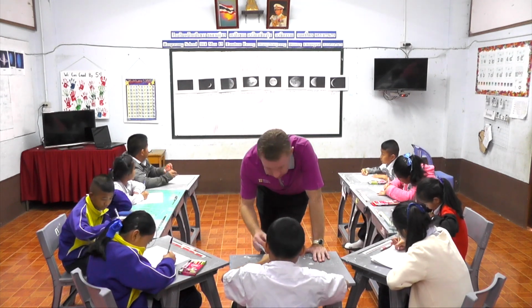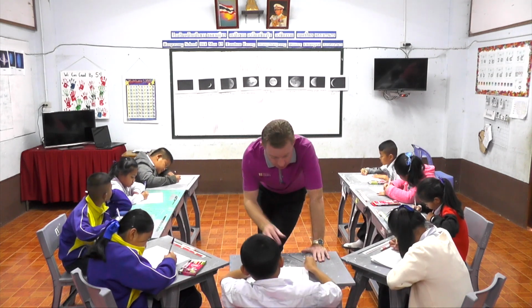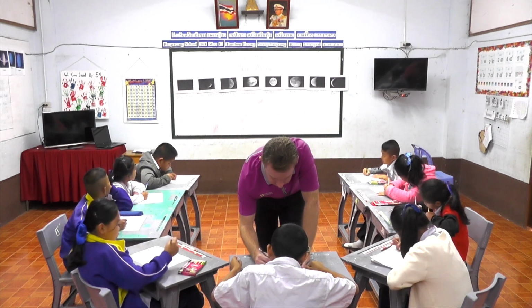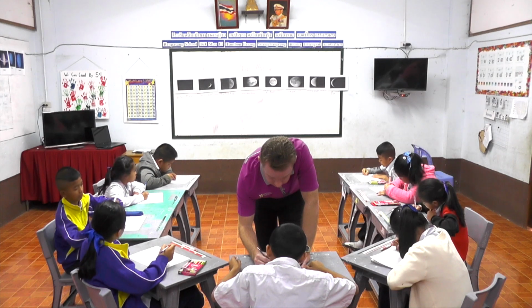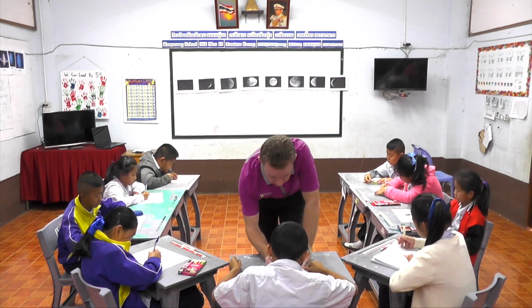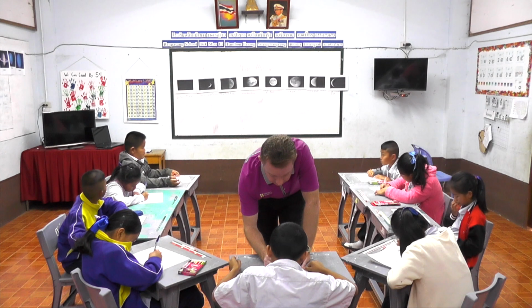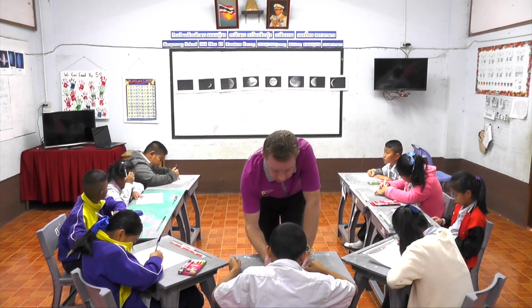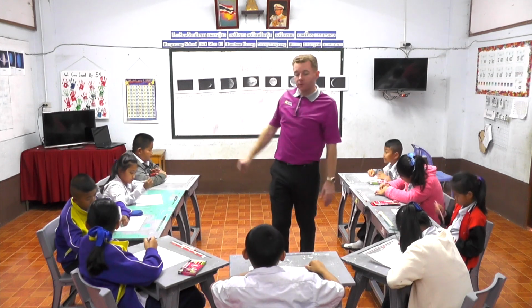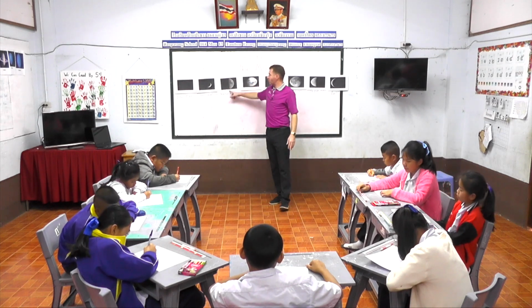So on the new moon, with your pencil, you can shade in all of it because the new moon we can't see. The new moon is completely dark. Then the next one, the new crescent moon, you can start to see some of it. So we just shade that in. You see, that's the crescent moon, just like the pictures on the board. And then the next one, shade half, because it's the new half moon.